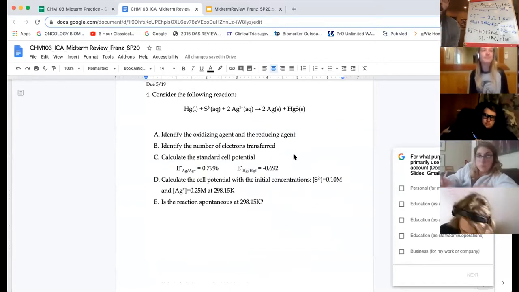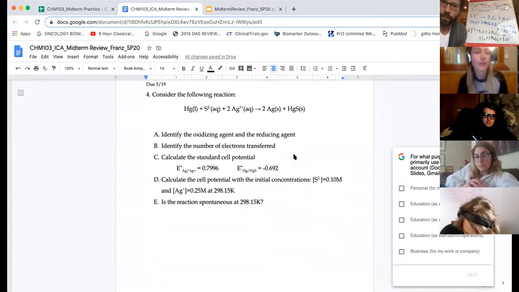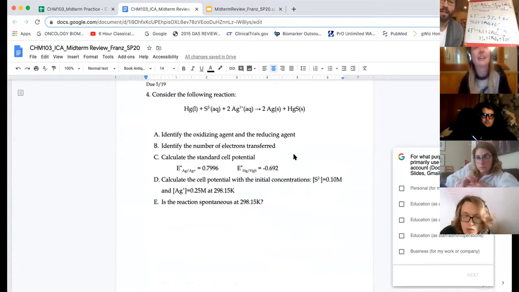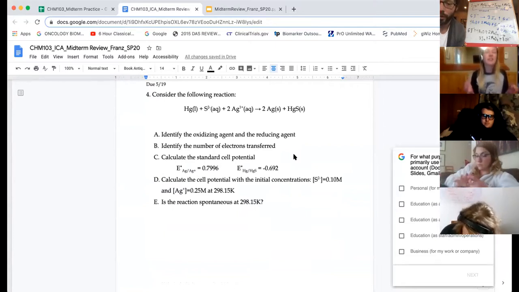All right, so here, same thing. We got to break it down into half reactions. We've got to figure out what's oxidized and reduced, but we're taking it a step further. We need to then identify the oxidizing and reducing agents, which are basically just, if it's oxidized, it's going to be a reducing agent. If it's reduced, it's going to be an oxidizing reagent. And then identify the number of electrons transferred. That's when we balance the electrons.